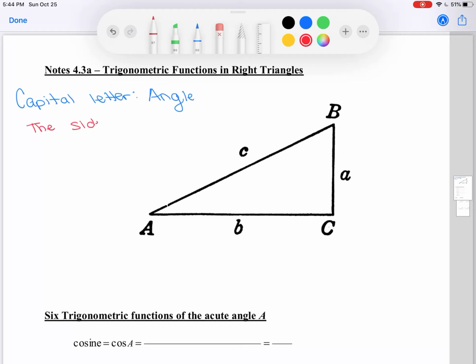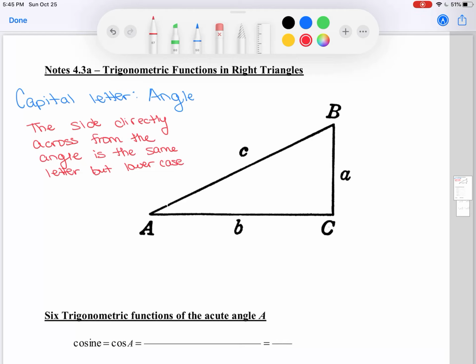Okay, so those are labeling our angles. So we have angle A, angle B, and angle C. And then the lowercase letters: the side directly across from the angle is the same exact letter, but this time it's lowercase.